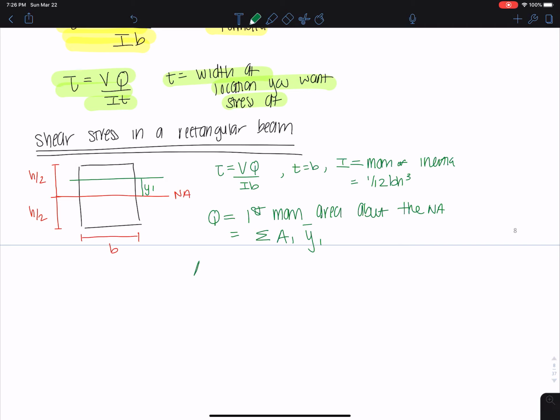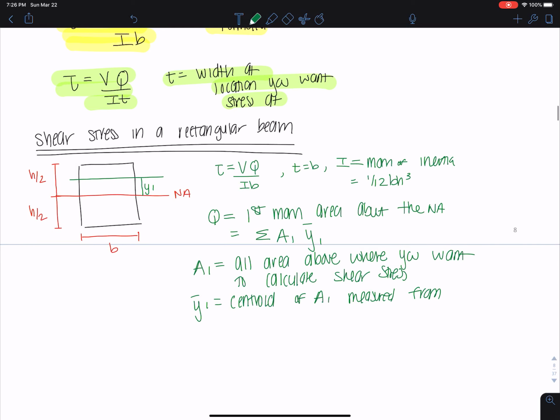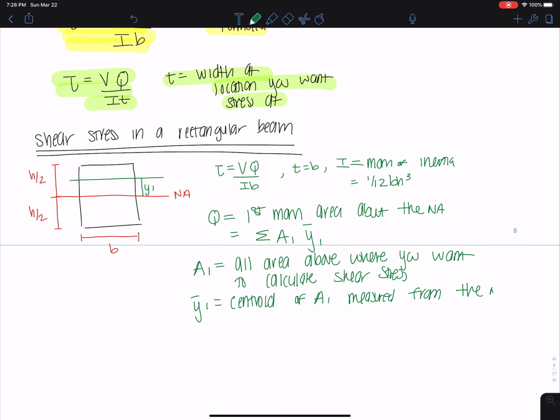So A1 is the area above where you want to calculate shear stress, and y1 bar is equal to the centroid of A1 measured from the NA. And I'll show you exactly what that means.